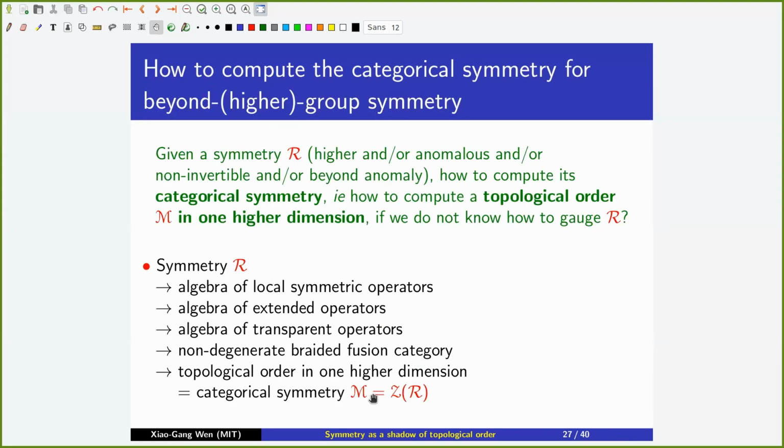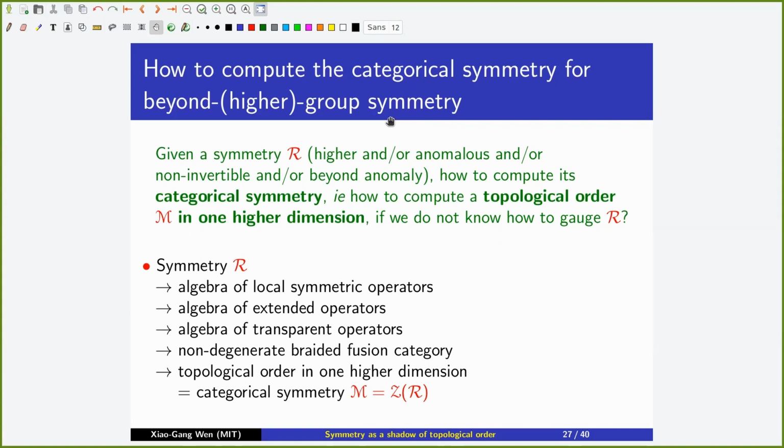Okay. So let's go back to our previous question. How to compute categorical symmetry for something beyond the group symmetry? Remember, before, when you have a symmetry described by a group, we can compute the categorical symmetry by gauging in one higher dimension.